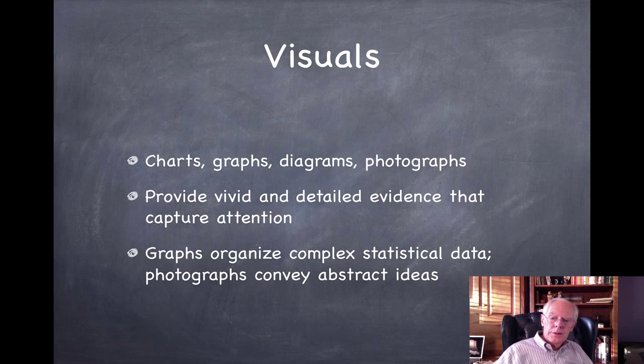So if it's something that's hard to understand, hard to grasp, you can put it into a very simple graph and make it comprehensible. People will understand it, and that will add to the evidence that supports your contention, your claim. Photographs also convey abstract ideas, ideas that probably come through more vividly when you can show somebody something than when you're trying to tell somebody something.